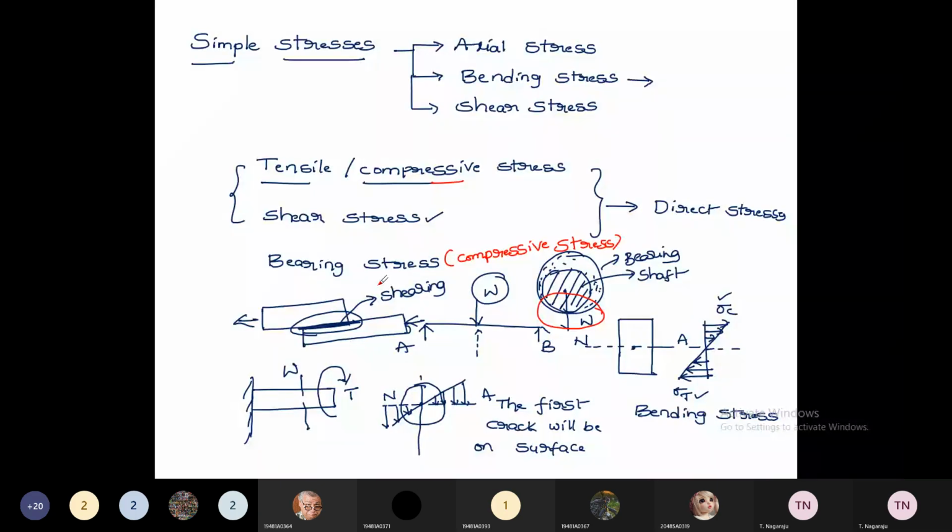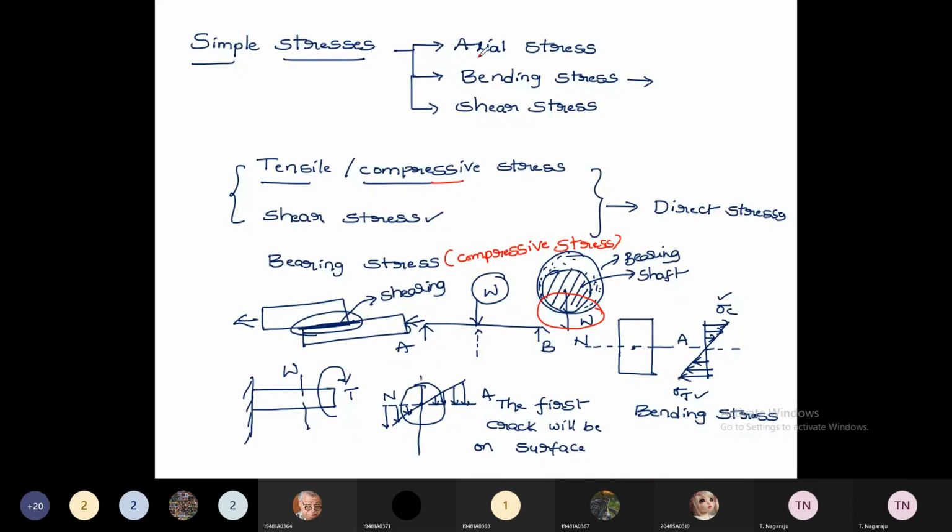The internal resistance offered by the body against the external load is nothing but stress or strength of the material. So to design something, the induced stresses are very important. You will find this in the simple stresses topic.